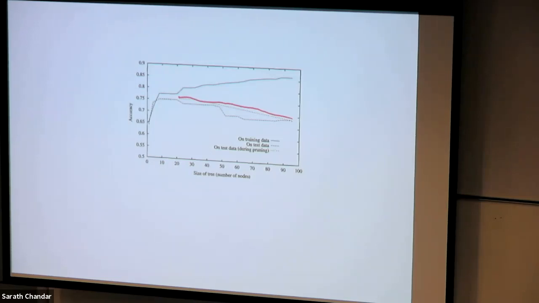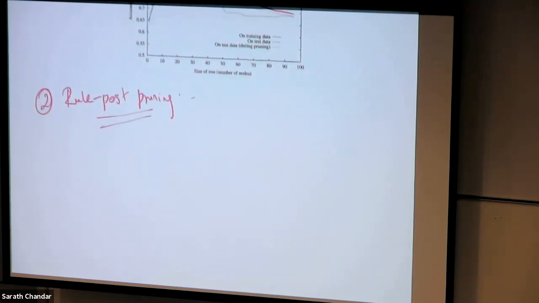Okay. So now the second idea is the idea of rule post pruning. Now, what is rule post pruning? Again, in this case, we are going to allow the tree to overfit. Once you allow the tree to overfit, let us consider a hypothetical tree. This time, I'm going to name the nodes.